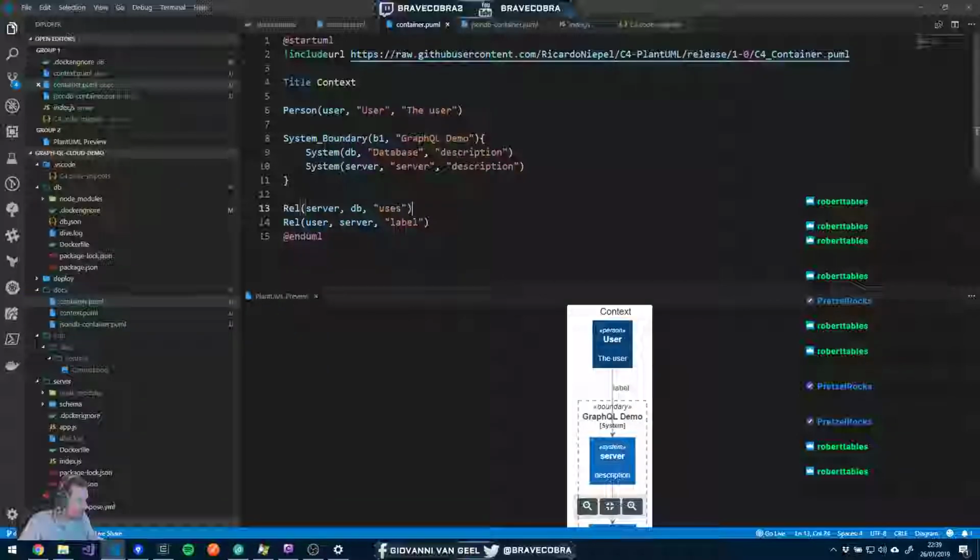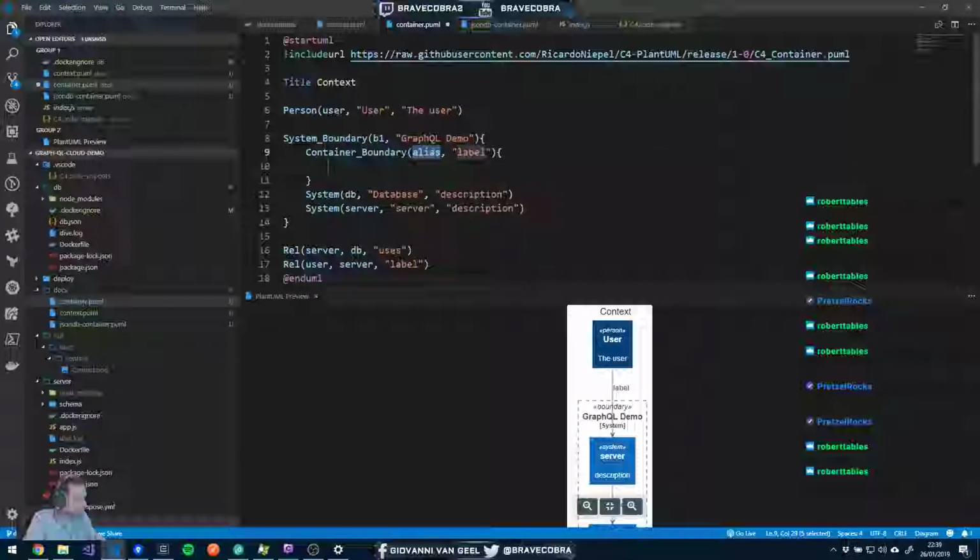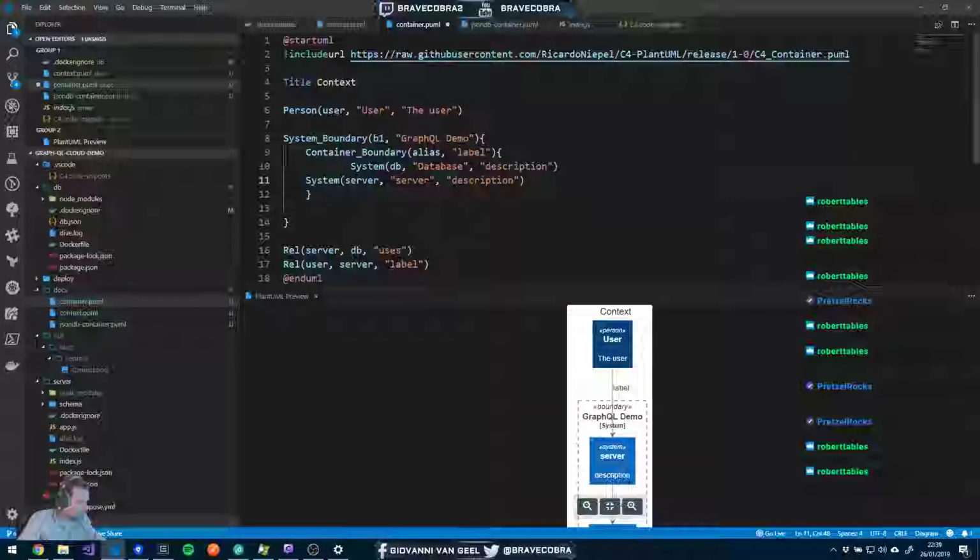So that's a container level. So we have system boundary, and then we have the container boundary in there, in which there are no longer systems, but those are going to be containers. Right?